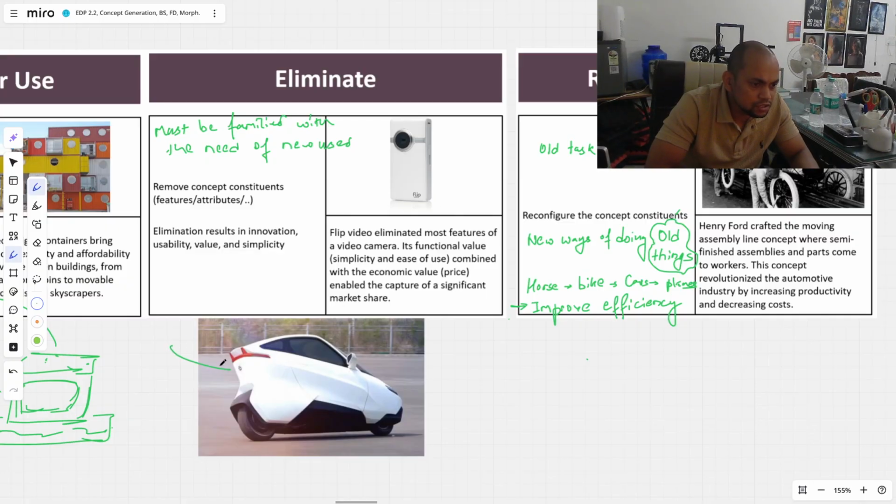This is a self-balancing two-wheeled car. These have not been very popular. These were invented, I can say, in the early 2000s.